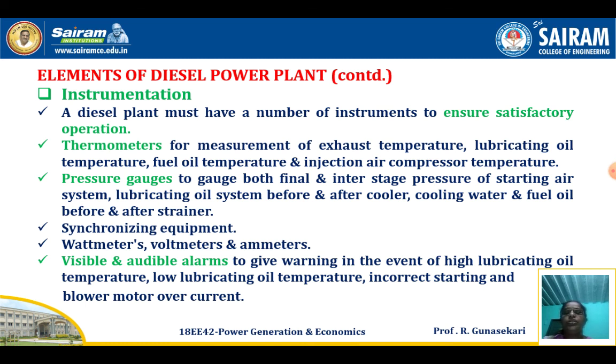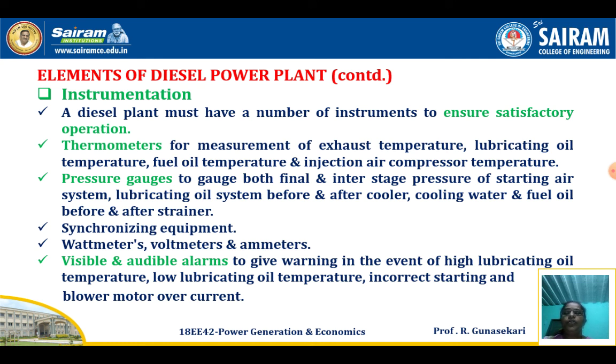Pressure gauges to gauge both final and interstage pressure of the starting air system, lubricating oil system before and after cooler, cooling water, and fuel oil before and after strainer.